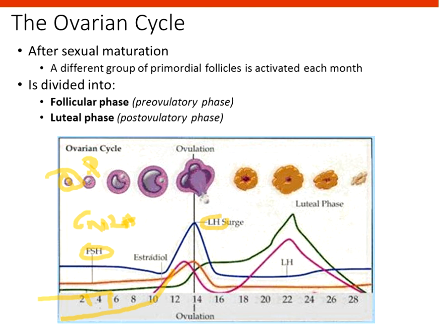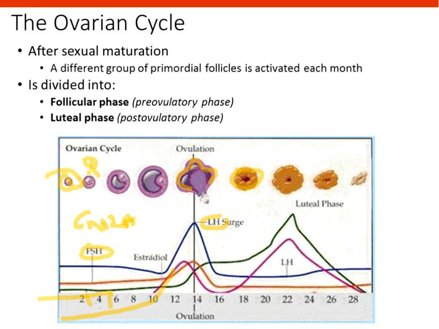LH is going to trigger all of these remaining granulosa and thecal cells to become corpus luteal cells. And the corpus luteal cells will continue to make some estrogens, but are going to mostly start making high levels of progesterone.